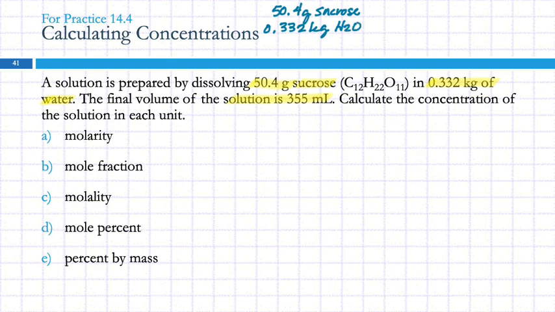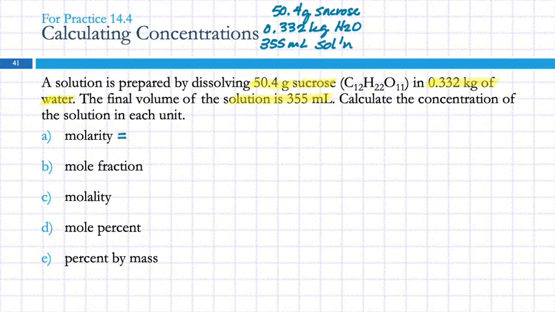I'm going to call that H2O. And I have 355 milliliters of solution. So the first one they ask for is the molarity. So then let's think about, well, what does molarity mean? Something divided by something.